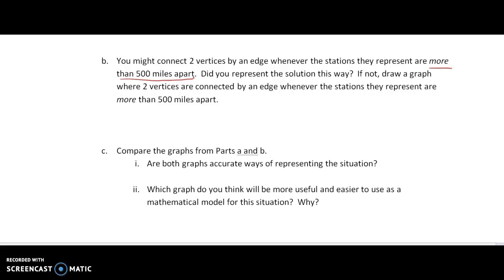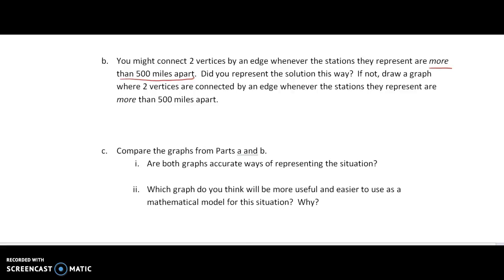In this example, vertex X and Z would not be connected because they are less than 500 miles, and in 6B, edges are drawn only if vertices are more than 500 miles apart. Look at my notes, look at that answer key, and go with that.